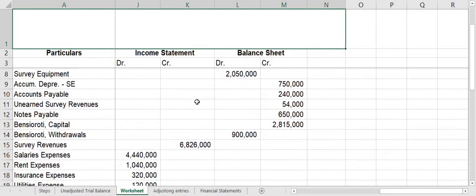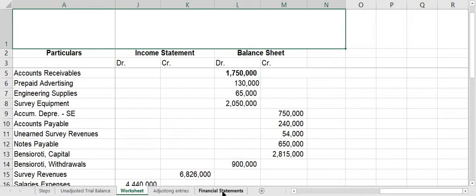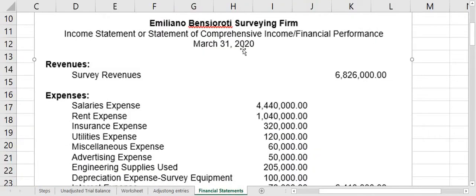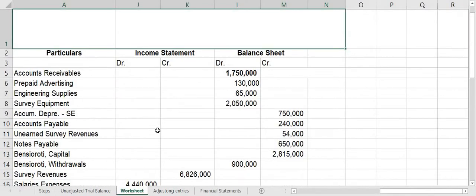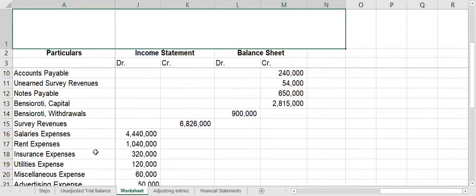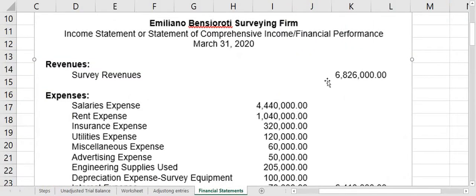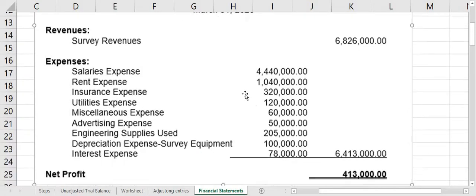Ayan. So starting off with income statement, okay, from revenues, that's survey revenues. Ayan. So dito, okay, hanapin natin si survey revenue. Ito, okay, credit siya. That's 6,826,000.